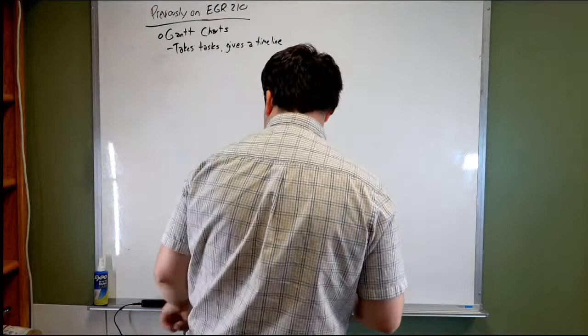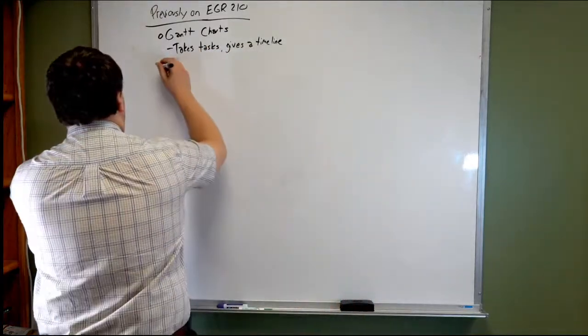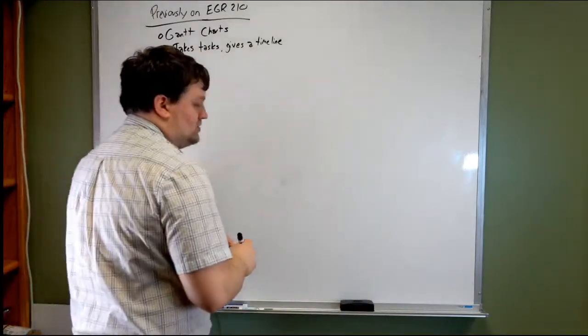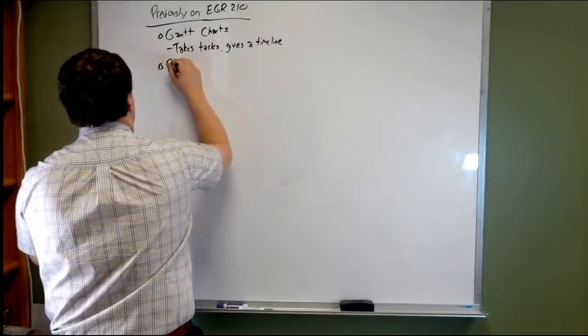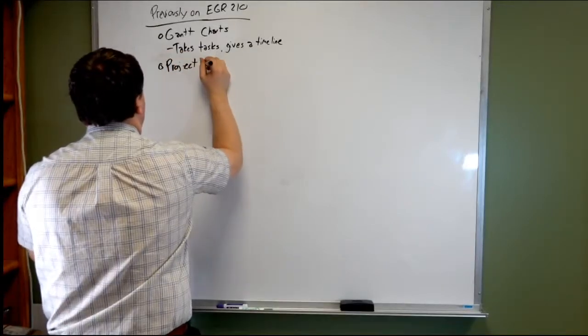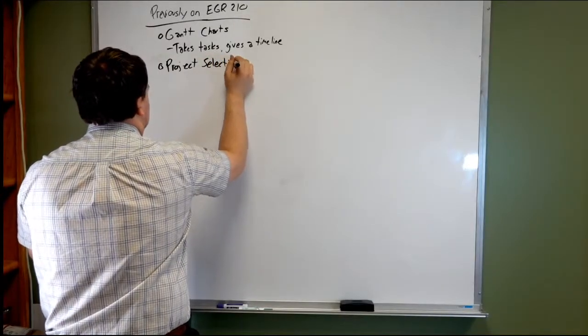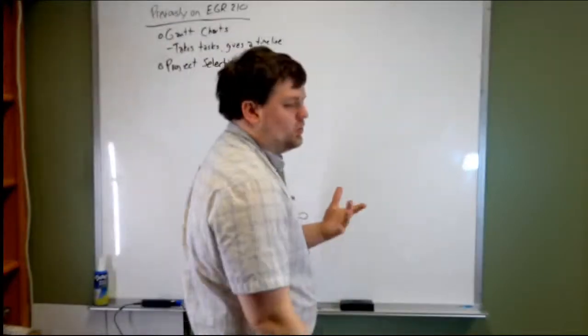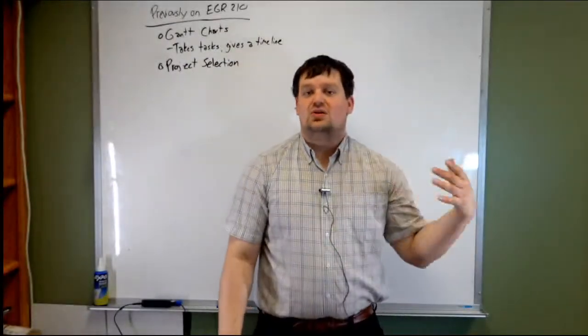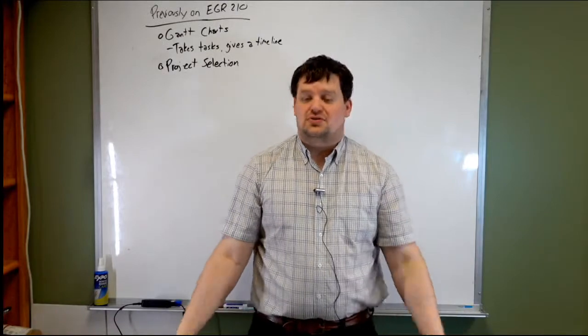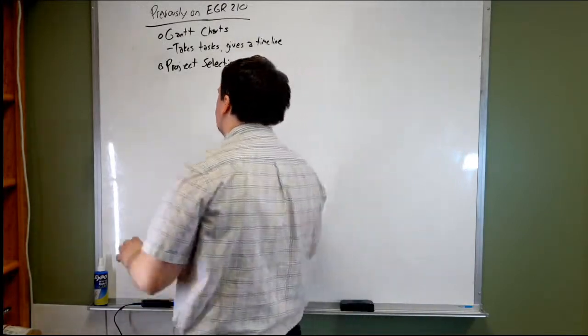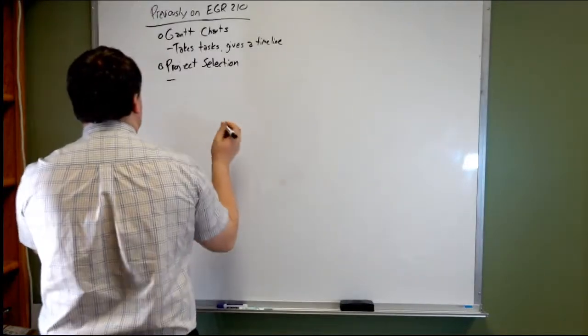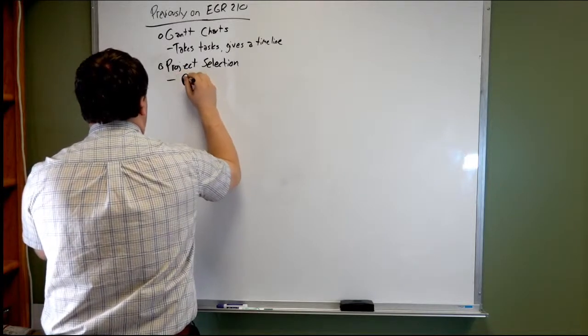Another thing that we talked about previously, specifically last week, was project selection. This is the idea of how do we know what projects to undertake? How do we know what decisions to make about those projects? In project selection, we talked about pro-con analysis.